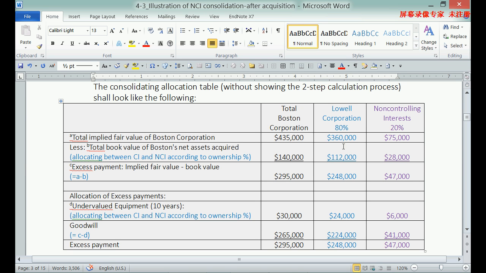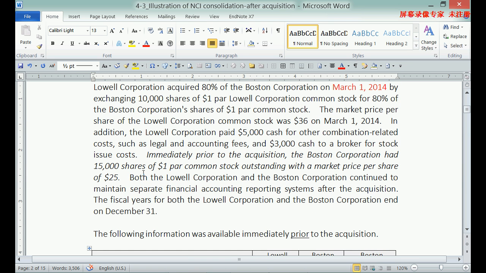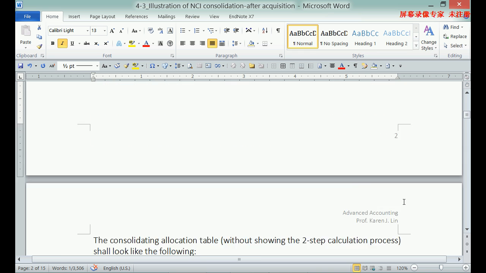And we know that Boston has 15,000 shares outstanding. So NCI has 20% of 15,000. That would be 3,000 shares. So 20% of 15,000 is 3,000 shares, each share $25.